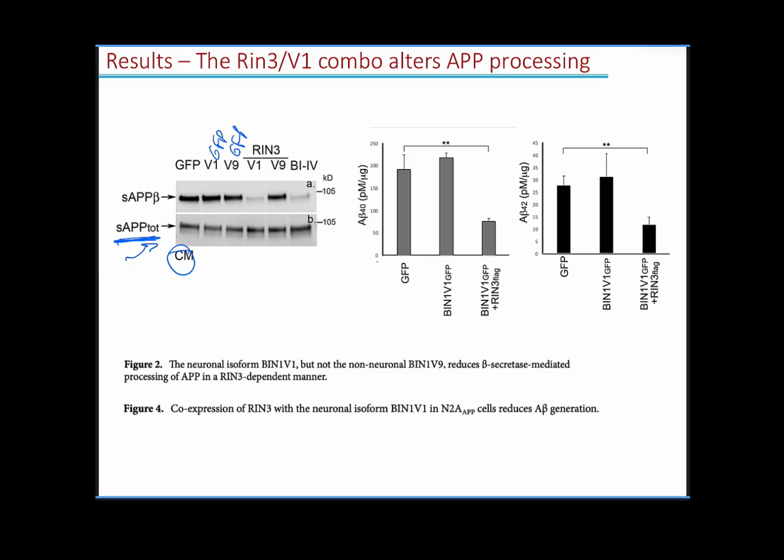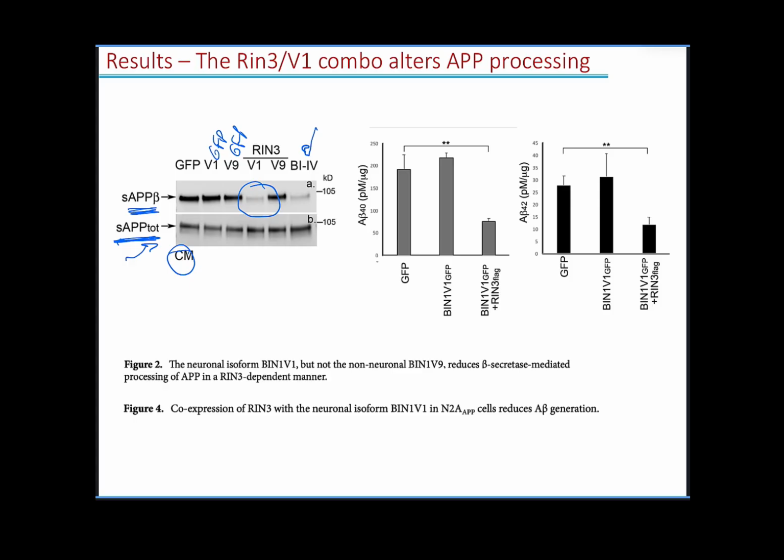But when they look specifically for amounts of APP beta, meaning a fragment of APP that has been cleaved by base 1, the beta secretase, what they see is that there is essentially only one condition in which there is a significant reduction in the amount of soluble APP beta, and that is when V1 is co-expressed with Rin3. If you're wondering, well, what about that other condition here?